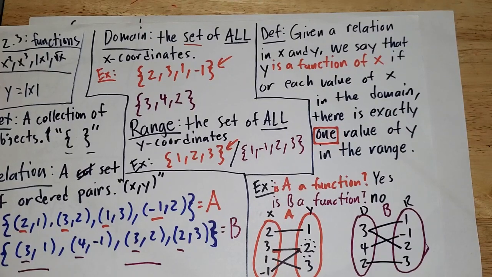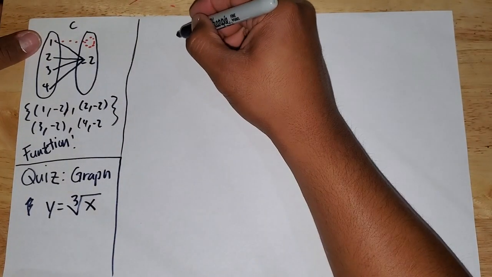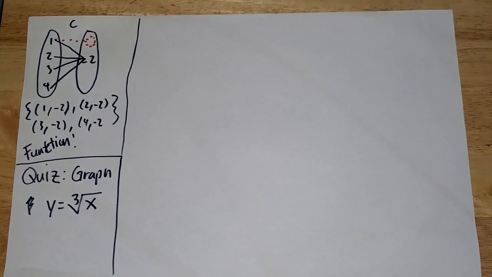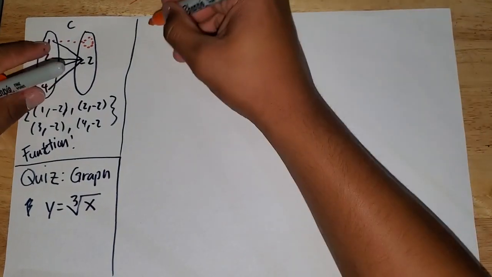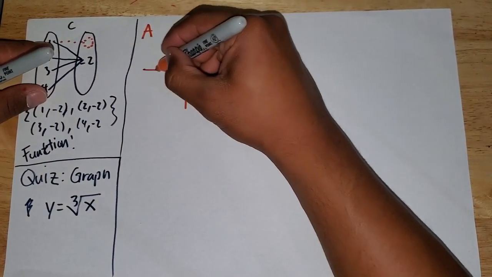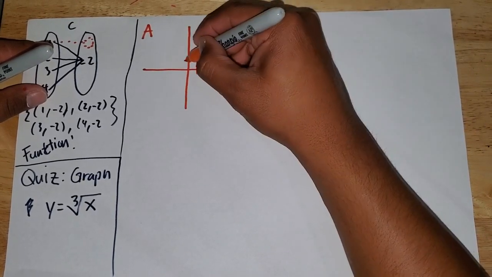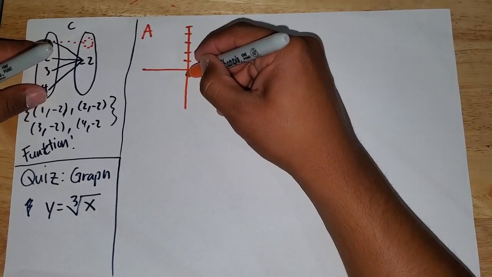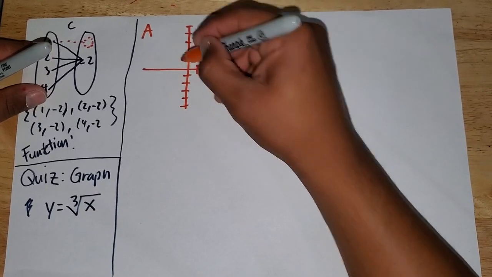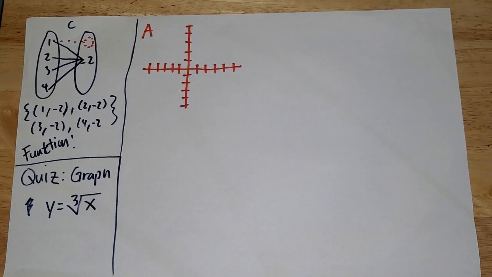But another way that we can determine if these are functions or not is we can just graph these ordered pairs. Remember, we learned how to put these on a graph. So let's do that. Let's graph them. So let's do A first. Use the same color. This is going to be A. And let's actually graph A and see how it's going to look. 1, 2, 3, 4, 5. Yeah, because these are ordered pairs.